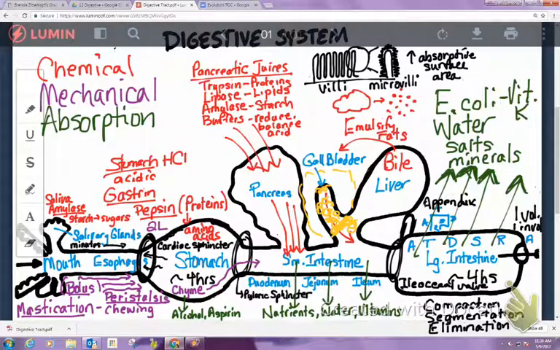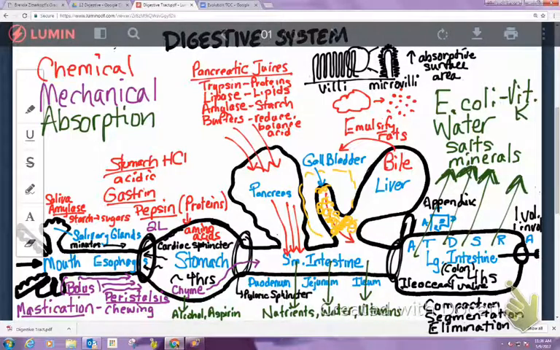Ileocecal, because the first part of the large intestine is called the cecum. So that's why you would go from the ileum to the cecum, so it's the ileocecal valve. The large intestine is also called the colon. You'll see it referred to as the colon or the lower GI. Sometimes I call it the poop chute.